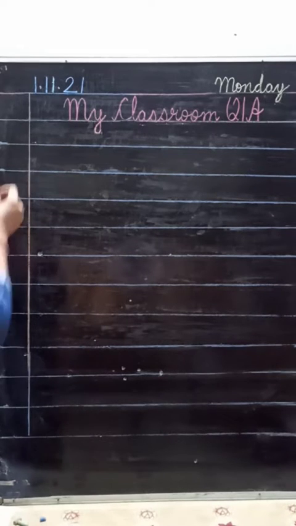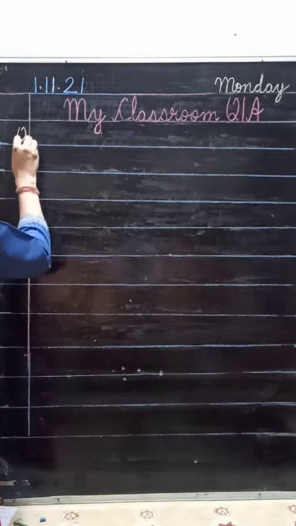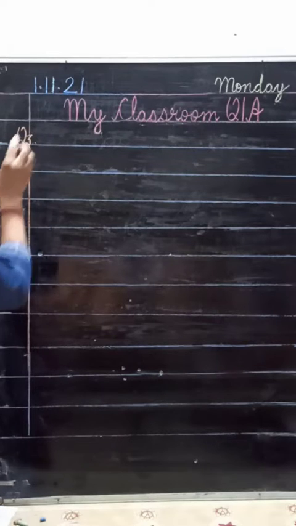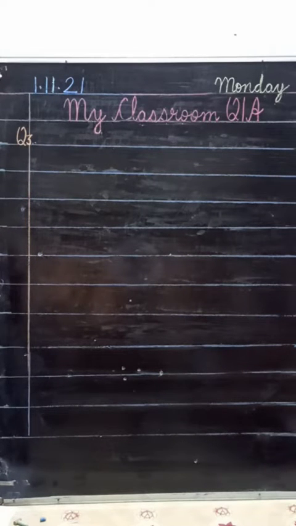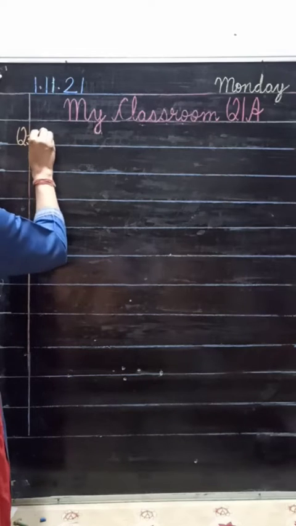Now write down beta question number 3. How many windows are there in your classroom?